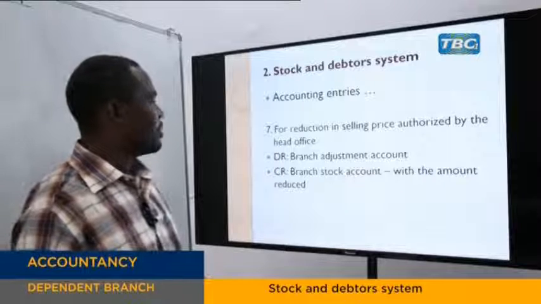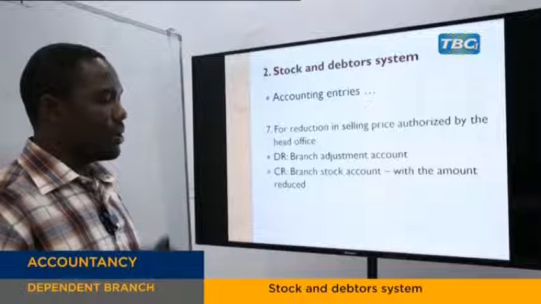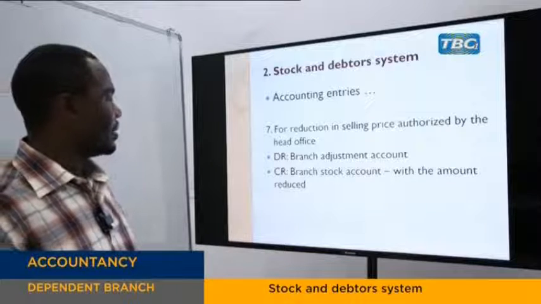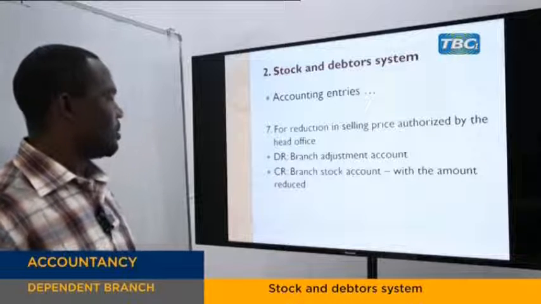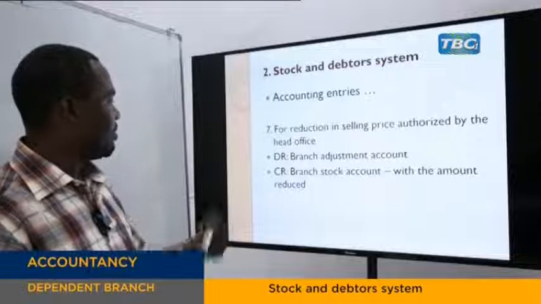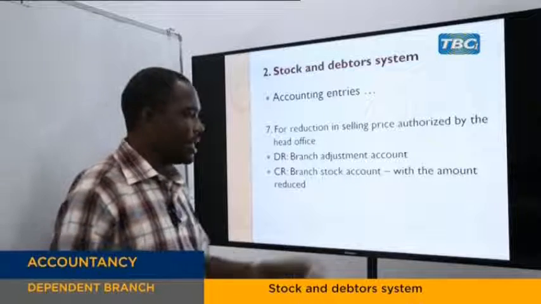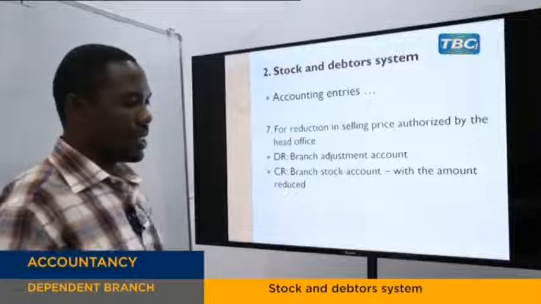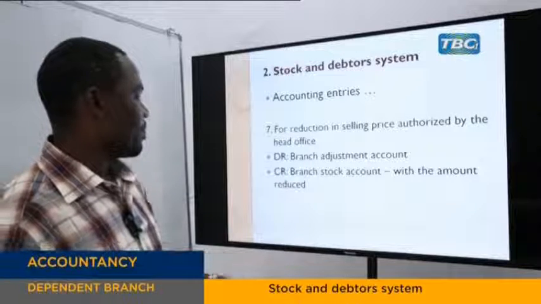So for reduction in selling price authorized by the head office, if the head office may authorize reductions, we debit branch adjustment account because this will be a loss in profit, and we credit branch stock account, but here with the amount reduced. And of course, even the memorandum system we use the same.